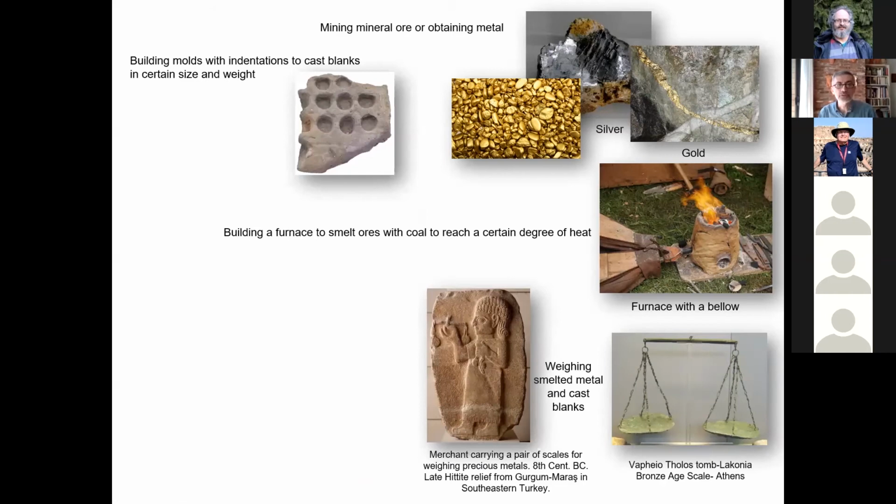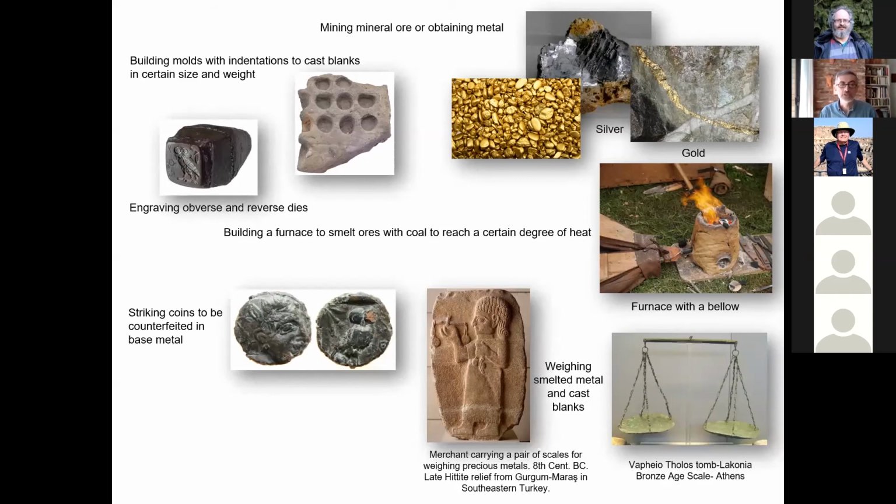Then, of course, you need to build molds with indentations to cast blanks in certain size and weight, engrave obverse and reverse dies, strike coins to be counterfeited in base metal, plate them with precious metals, and pass them into circulation. It's not a small job.